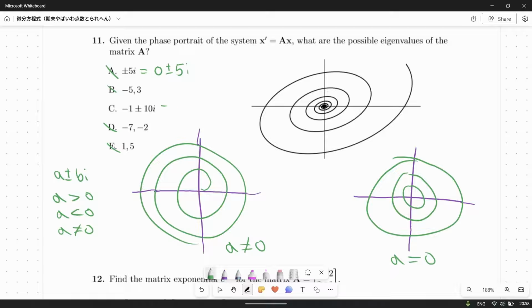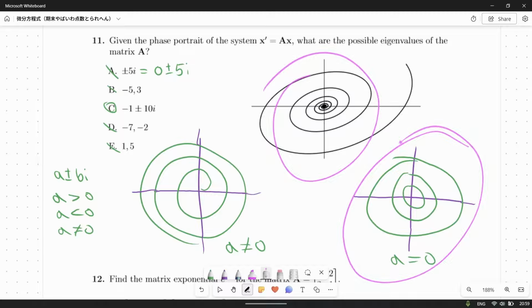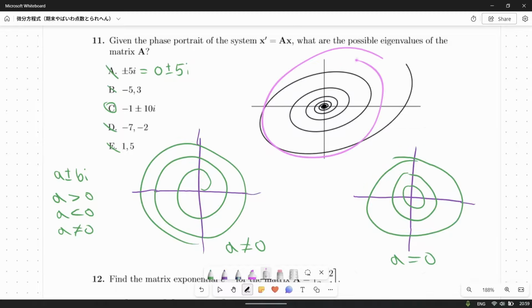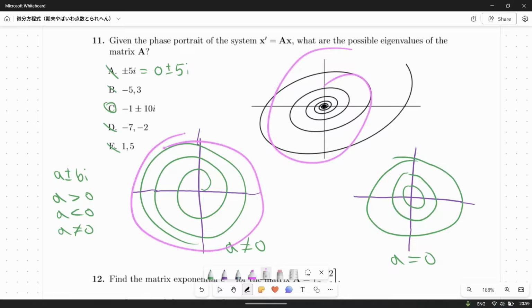So as a result, since we're dealing with a spiral here, we'd end up with C. If this graph looked like this graph, then it would be A. But since this graph looks like this graph, it's going to be C, because A isn't equal to 0, if that makes sense. So the answer to this question is going to be C.